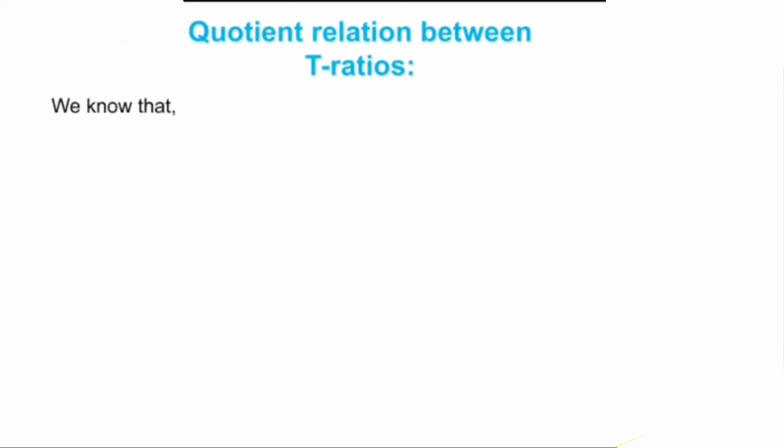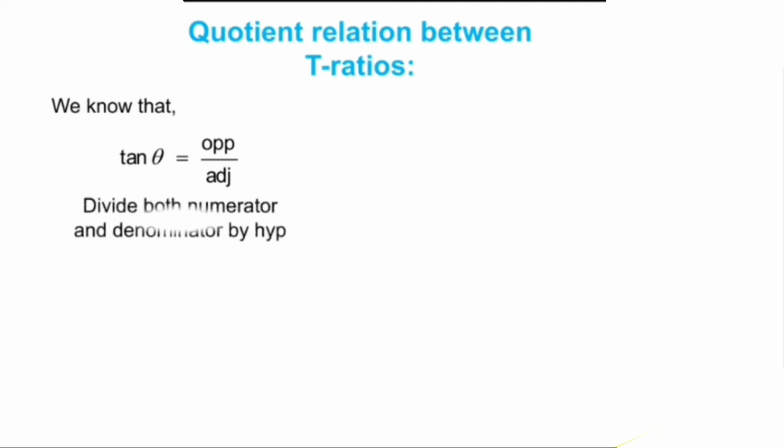Children, we know that tan theta is equal to opposite side by adjacent side. Now, let us divide both numerator and denominator by the side hypotenuse. Then we get tan theta is equal to opposite by hypotenuse whole by adjacent by hypotenuse.